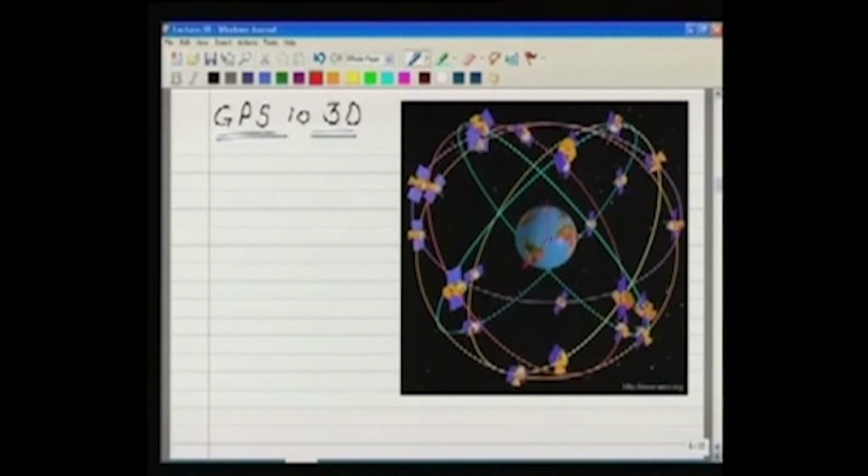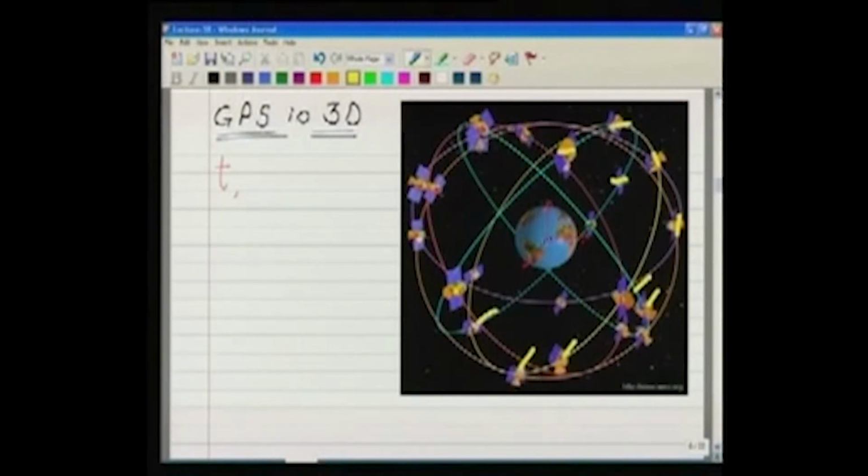We will see in a moment how, at any point of time t, all the locations where the satellites are, wherever the satellites are, are known to us.